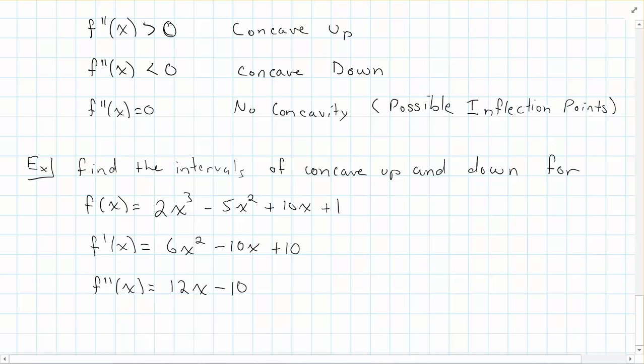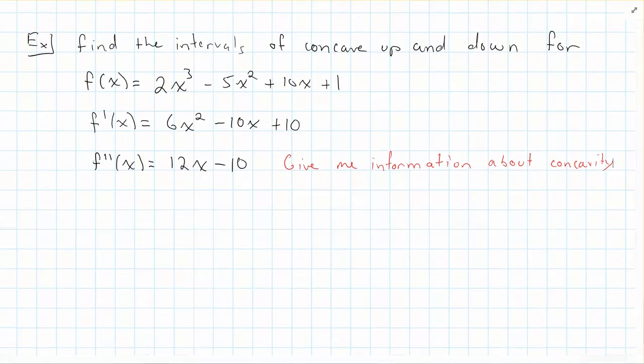So I need the second derivative. This is going to give me information about concavity. And so what do I do here? Well, I'm just going to first off do a similar thing as before.